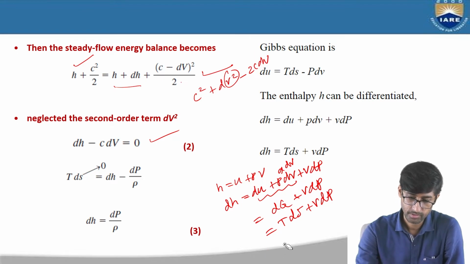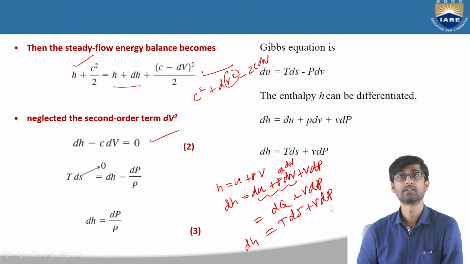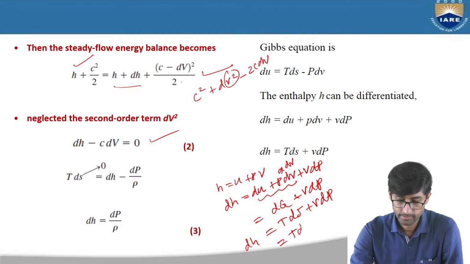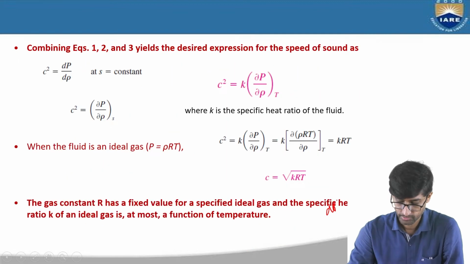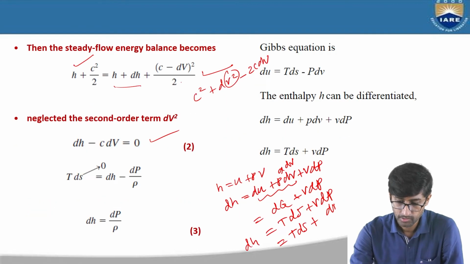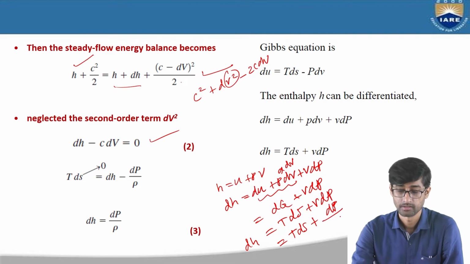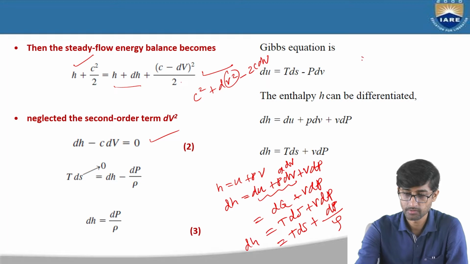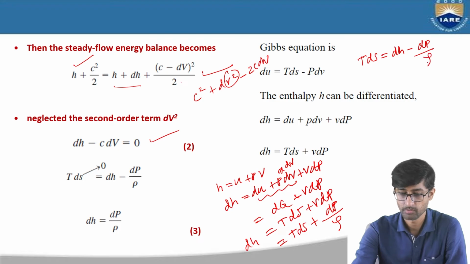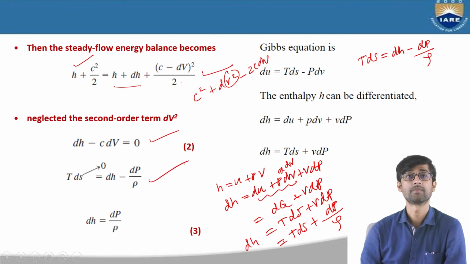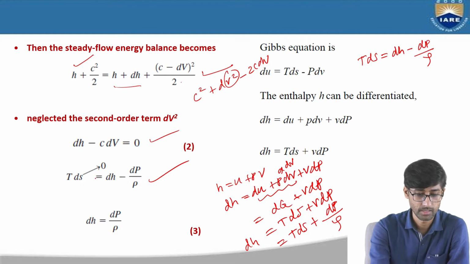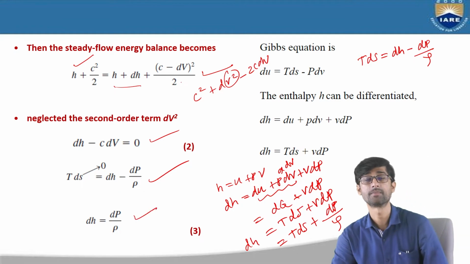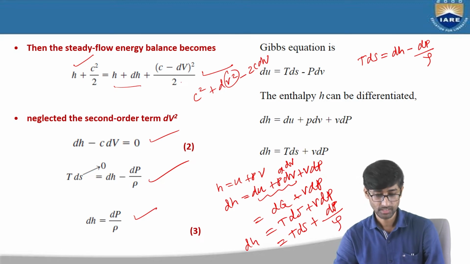So dh is T ds plus v dp. Specific volume is the reciprocal of density, so dh equals T ds plus dp by rho, which gives T ds equals dh minus dp by rho. We are considering the isentropic process, so T ds is equal to 0, and dh is equal to dp by rho. This is equation number 3.